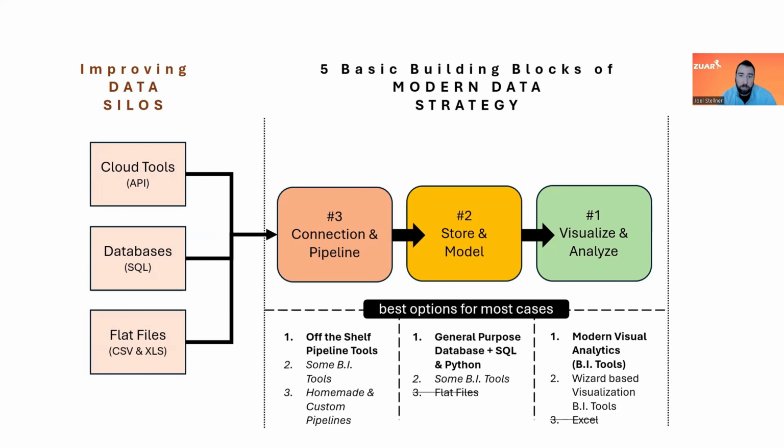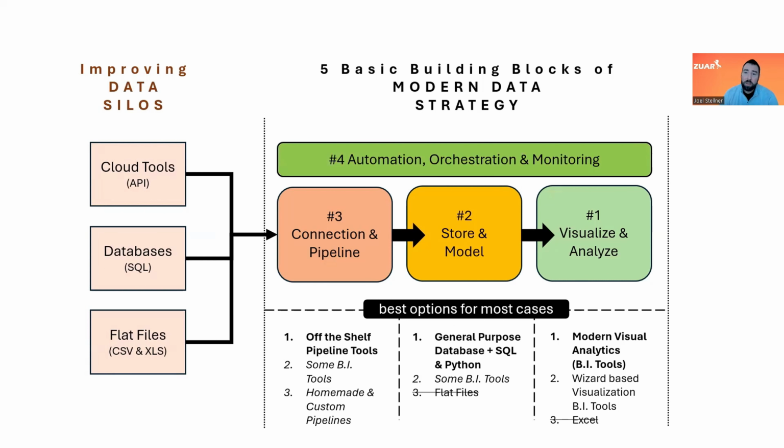And so for most companies in most scenarios, the best thing you can do here is get yourself a general purpose analytics database where you can run SQL and things like Python. And for the pipeline, the best thing you can usually do is just grab many of the off-the-shelf pipeline tools that exist in the market.